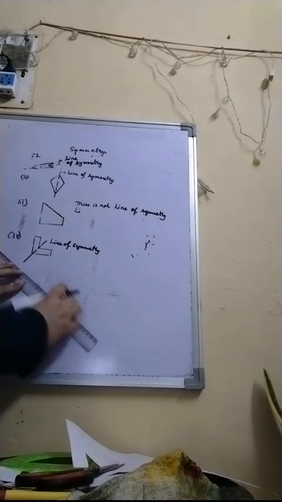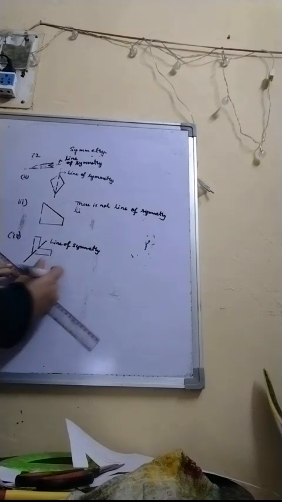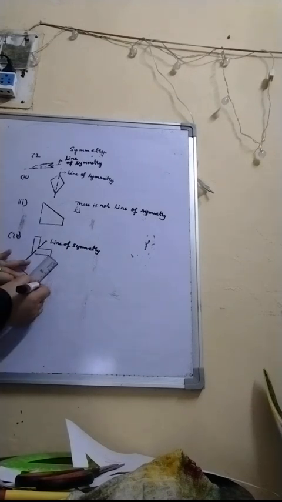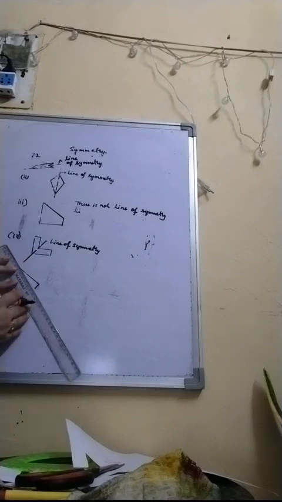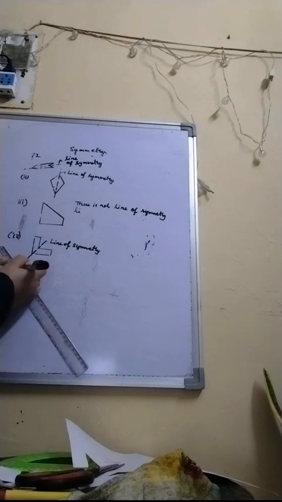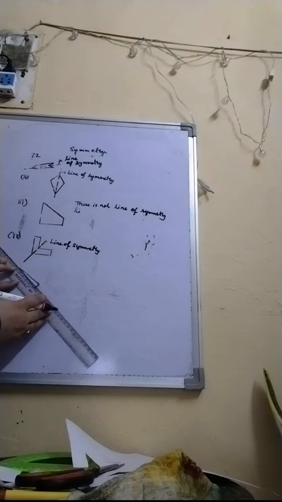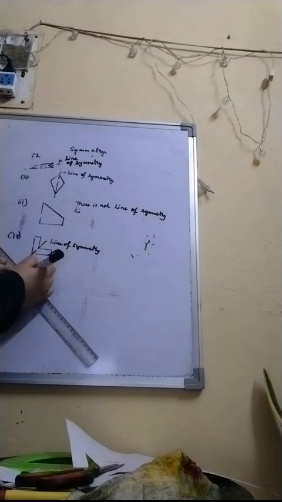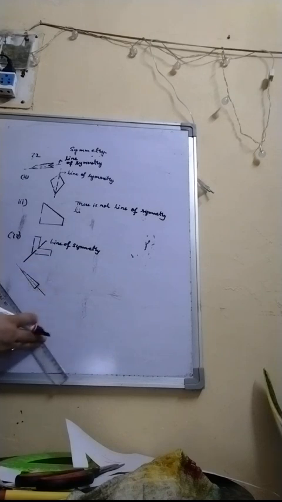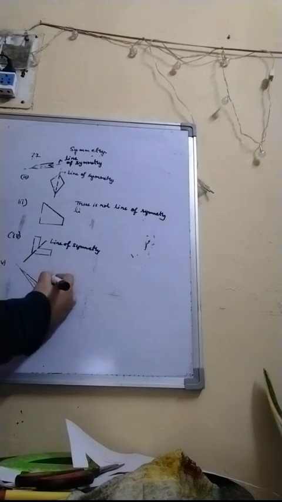Then the last figure is a triangle. So just by observing you can say that if you fold it along the triangle, join the corner of the triangle with the opposite side, you will get the line of symmetry.